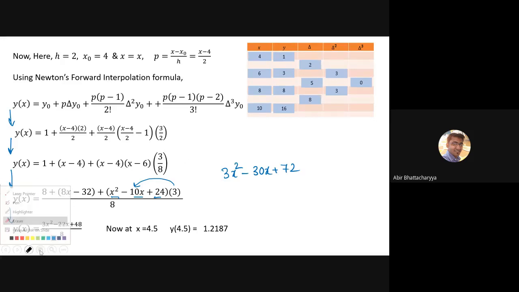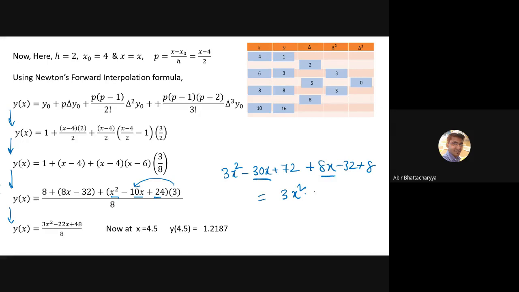After clearing the bracket, I get plus 8x minus 32 plus 8. So it equals 3x squared, because there is only one x squared term, and there are two x terms, so if I adjust their coefficients, I get minus 22x. Similarly, we get all the constants together, finally 48. So clear, Kusant? Just let me know.